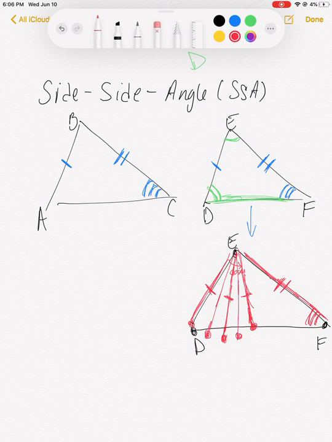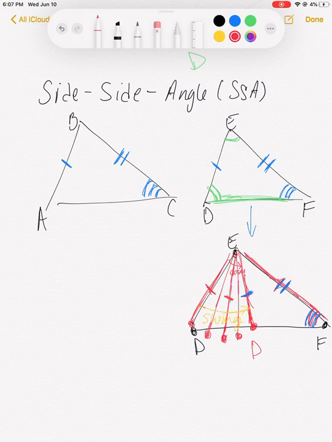If we swing this one over, we will get it to start at DF, but then it connects back to DF. But DF actually happens to be smaller, which is okay. That's part of what DF can change. Notice that ED did not change. That's still that same size. EF did not change. That's still that same size. It didn't even move. And angle F also didn't move. So we still have two sides and an angle.